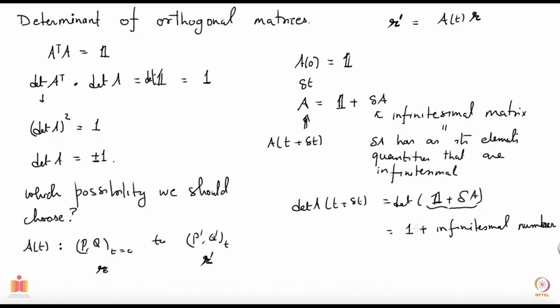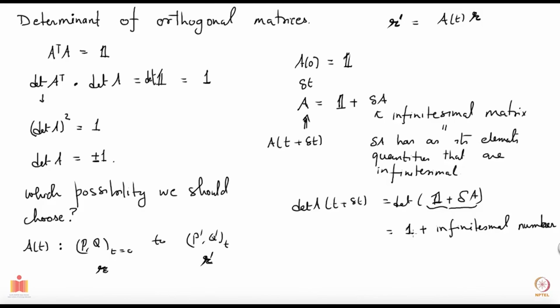So it should be 1 plus some infinitesimal number, which will be determined by the transformation delta A. Then you can do another transformation and again do this. Each time, the determinant can at most change by an infinitesimal amount.